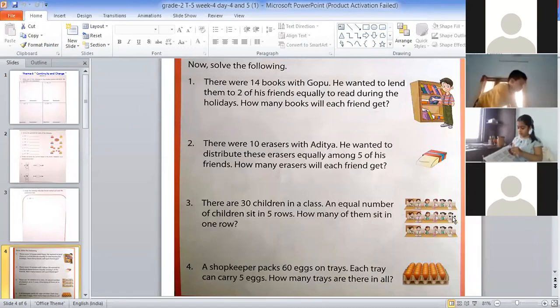So we'll start with the first word problem, and these questions you can write later on, no need to write in your math notebook. Okay? Later on, if you have time, then you can note down. Okay. Krishika, please read the first question. We'll be solving it in your notebook. First word problem.